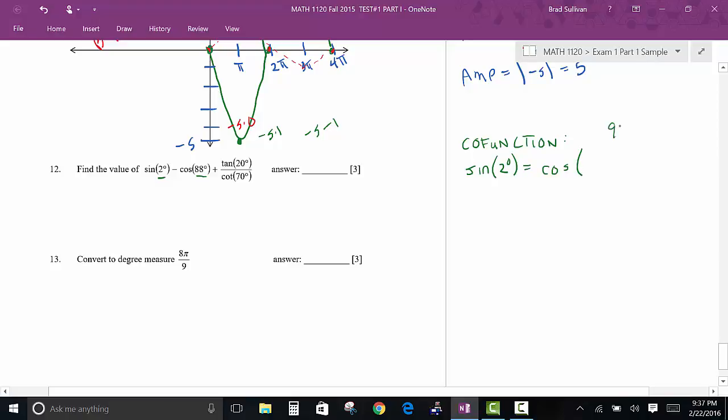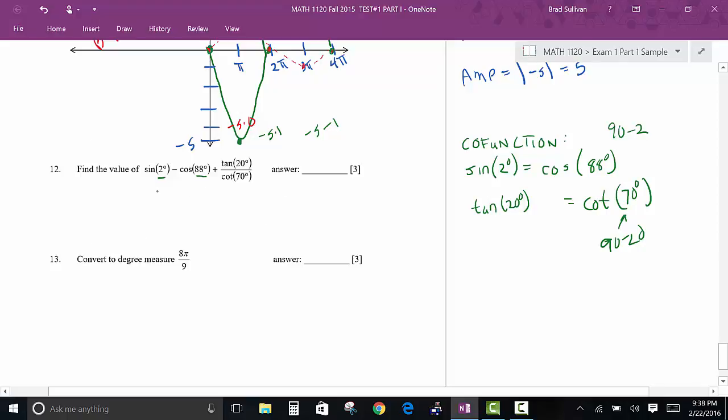And the way you find a complement is you subtract from 90, so it's 88. So those two things are the same. Notice also you have a tangent of 20 degrees. Well, the cofunction of the tangent is the cotangent. So the complement would be 90 minus 20, so it would be 70. Right? So what you have is several things that are equal.